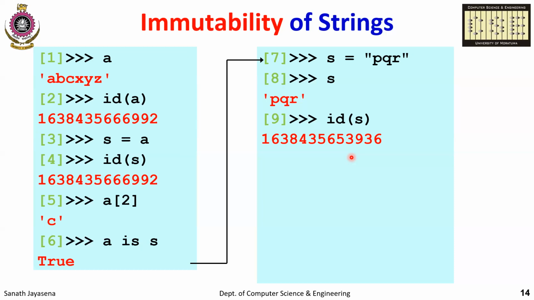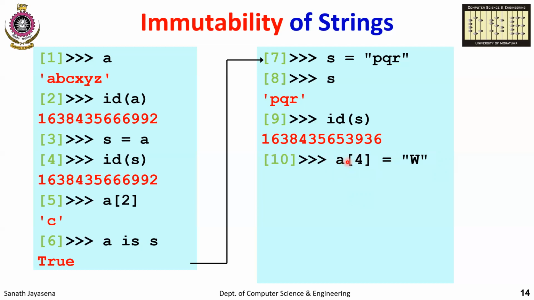Unlike with integers, here we can try one more thing, another go at it, to see whether we can change the string. It is not possible with an integer, because integers don't have anything like this.